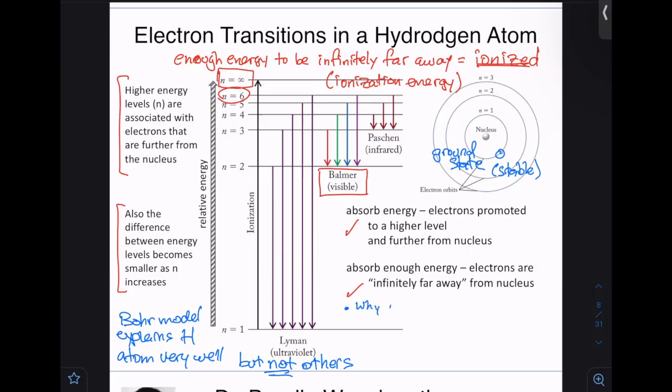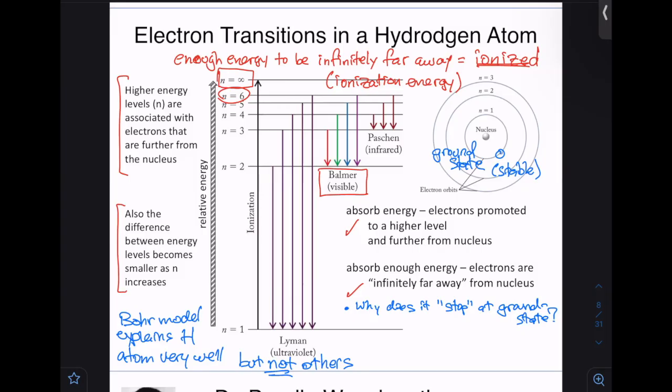But why does it stop at the ground state? Why doesn't it just completely go all the way to the nucleus? Because after all, the electron is negatively charged, and the proton in the nucleus is positively charged, and opposites attract.